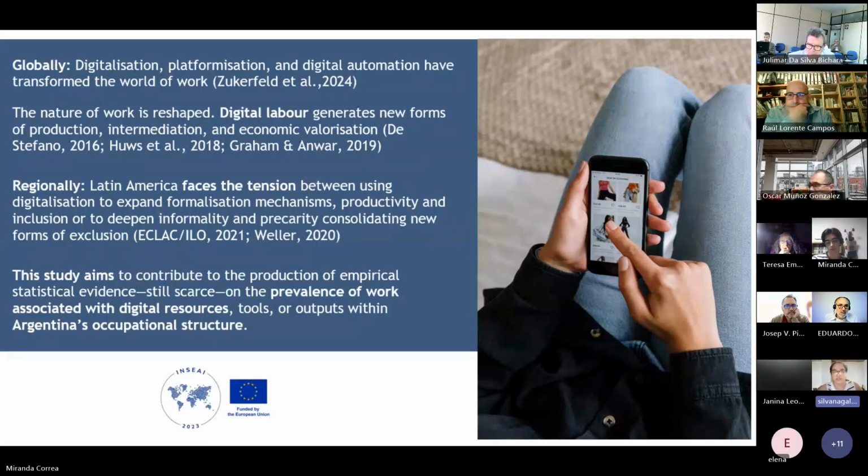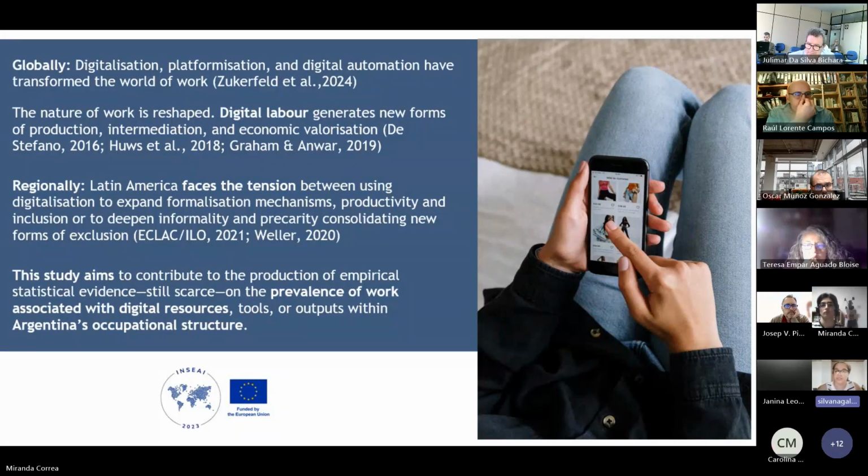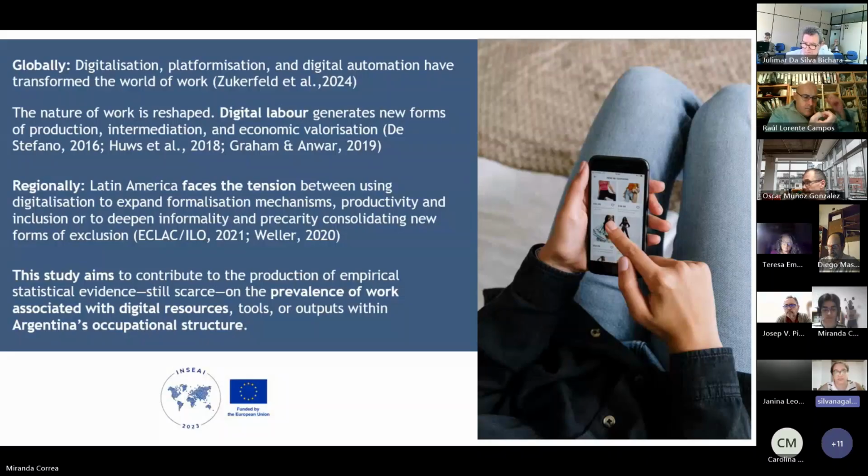In the regional context, Latin America faces the tension between using digitalization to expand formality, productivity, and inclusion, or deepen informality and precarity, consolidating new forms of exclusion. So, in this context, this study aims to contribute the production of empirical statistical evidence on the prevalence of work associated with digital resources, tools, or outputs within Argentinians' occupational structure.